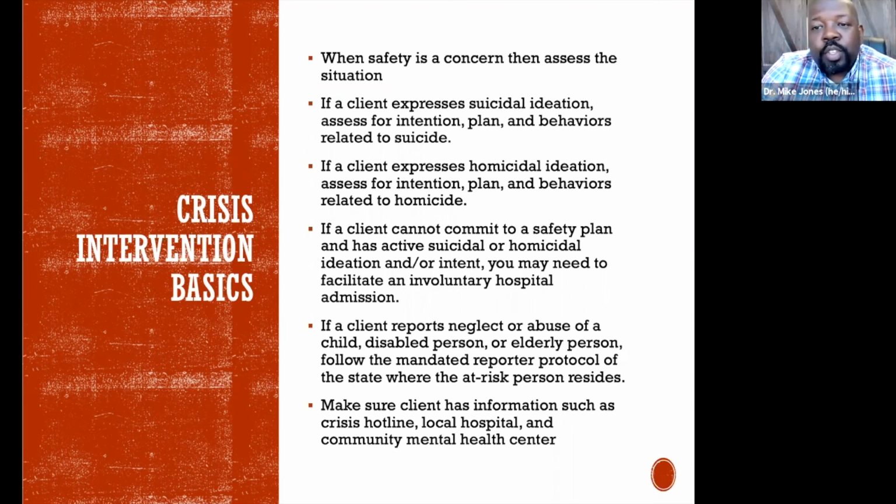And it's important for us to realize our state laws are going to look different everywhere. So something that happens in New York will look different than it does in Arkansas. So you want to make sure you know exactly what your state laws are saying. That way you know how to respond appropriately.